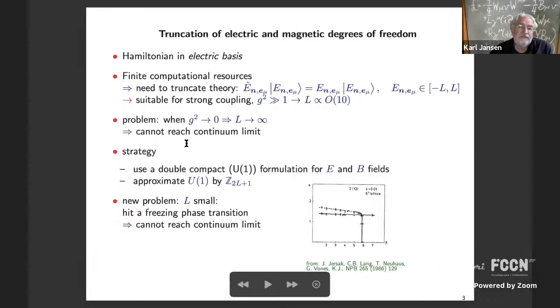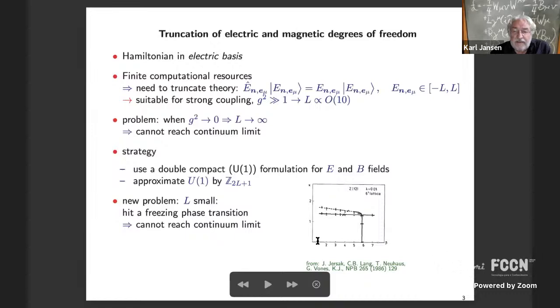One could think of replacing U(1) by a Z_{2L+1} theory. And this would be a good approximation to U(1), and I can live with these degrees of freedom. But then I have another problem when L is small, and I need L to be small to realize this on the quantum computer: we hit a freezing transition. This is illustrated here.